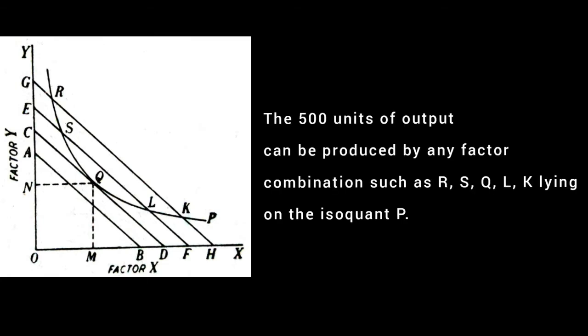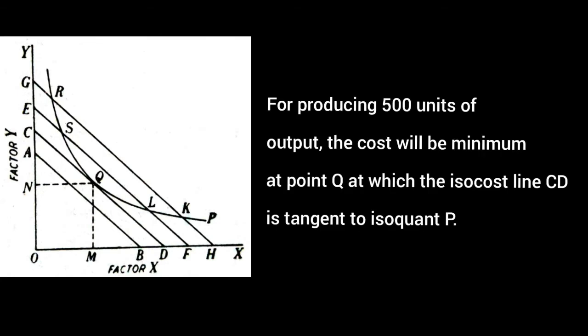Now the 500 units of output can be produced by any factor combination such as R, S, Q, L, K, etc. that lies on the isoquant P. Now for producing the given level of output, which is 500 units, the cost will be minimum at point Q, at which the isocost line CD is tangent to the isoquant P. At no other points like R, S, L, K that lie on the isoquant P, the cost is minimum.